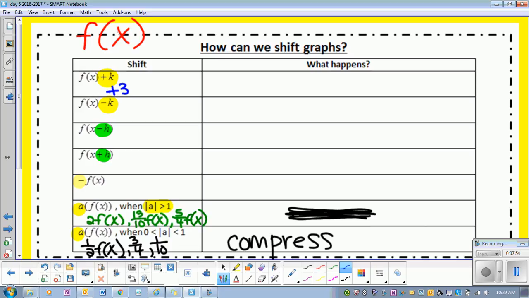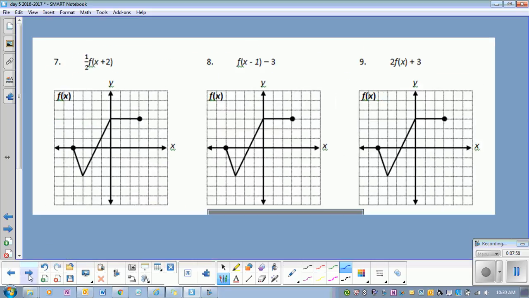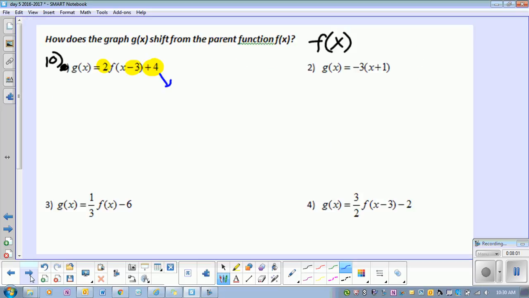Oh, you were talking about this one. I'm sorry. I'm talking about this one, plus 4. Sorry. Okay, we were talking about different things. All right. So plus 4 means that it goes how? Up 4. All right. You weren't wrong. I just wasn't there yet.